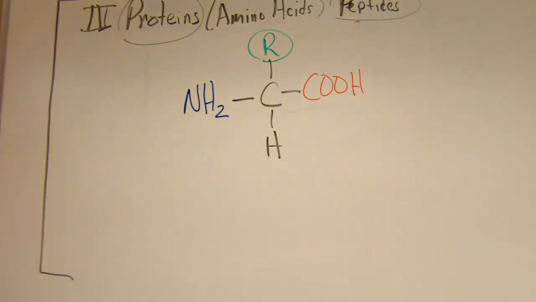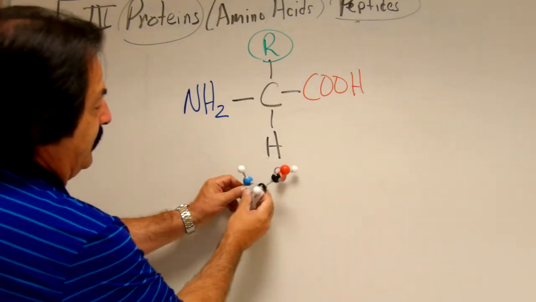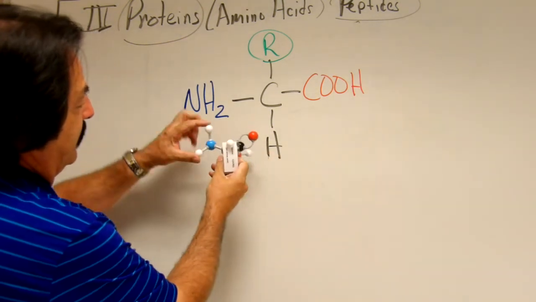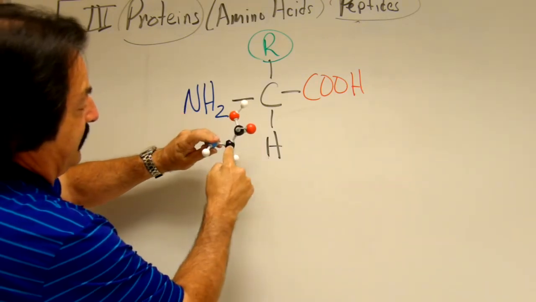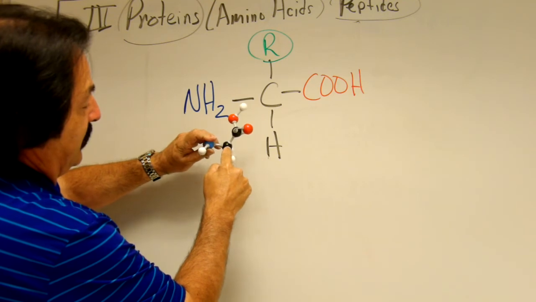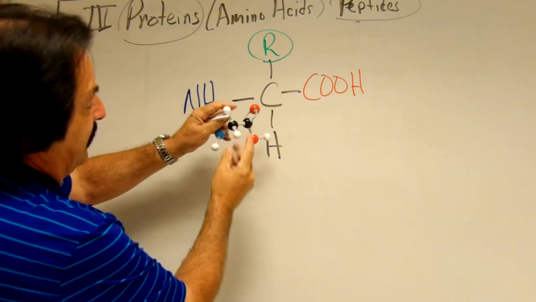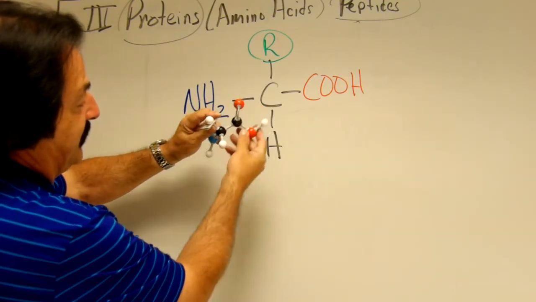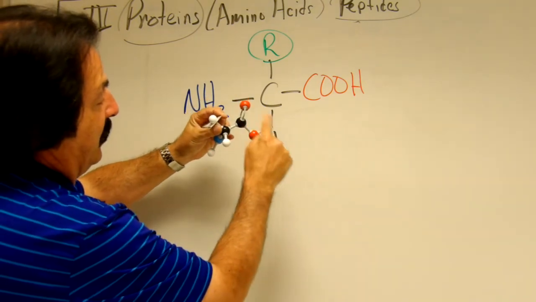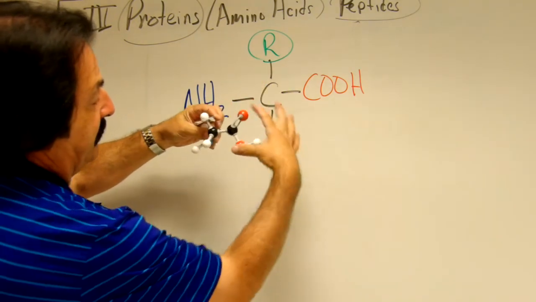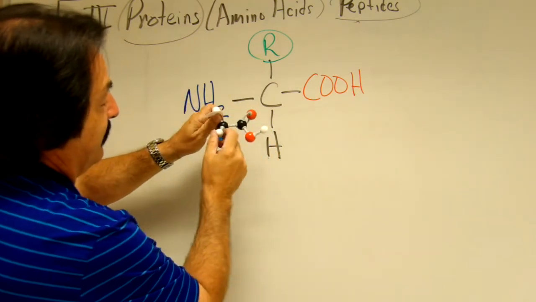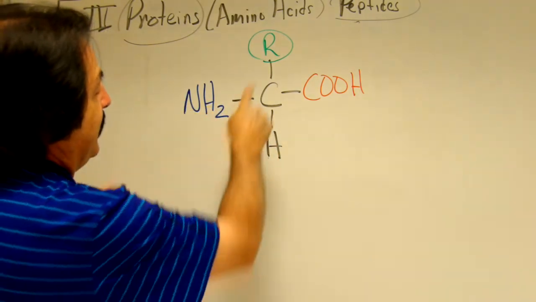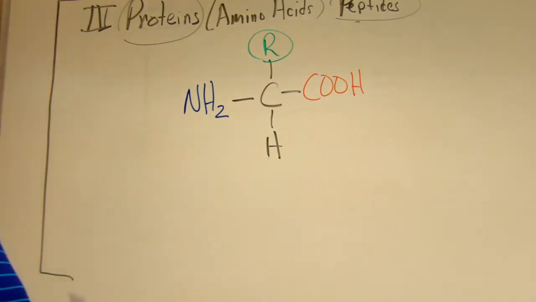So a single peptide looks like this. Here is our NH2, our amine group, a central carbon, and down on the bottom we have a hydrogen, our COOH, our acid group right here. So amine group, acid group, central carbon, obligatory hydrogen, and R. What the heck is R?